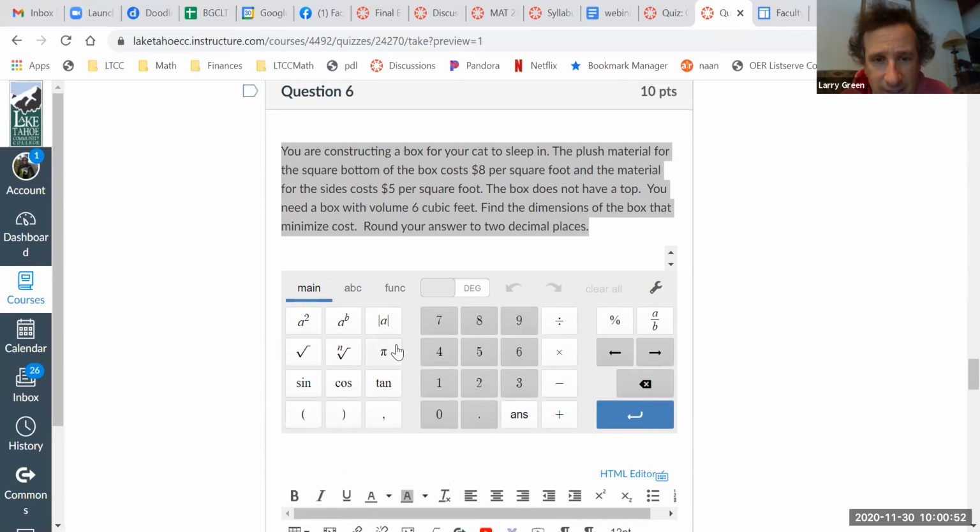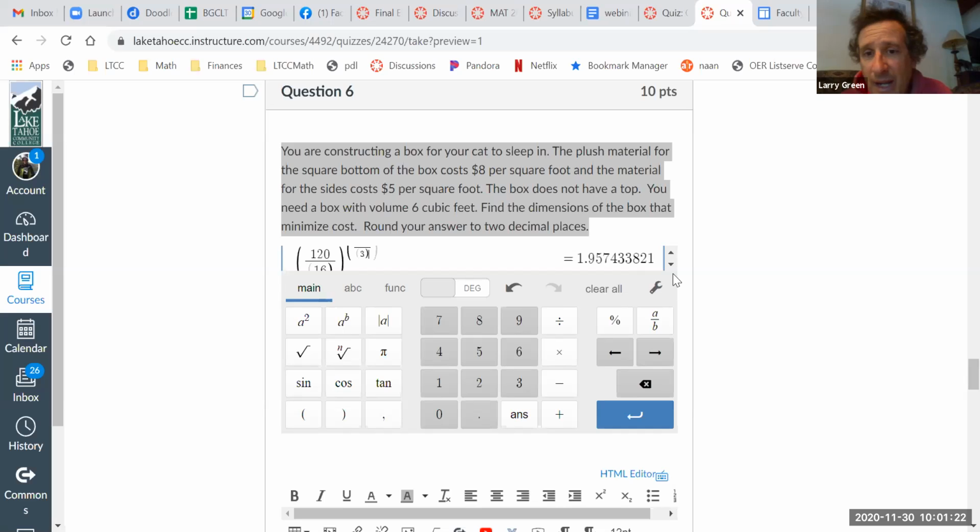So now I just do it. Actually, let's clear that. Parenthesis 120 over 16, close the paren, and then to the 1 over 3.